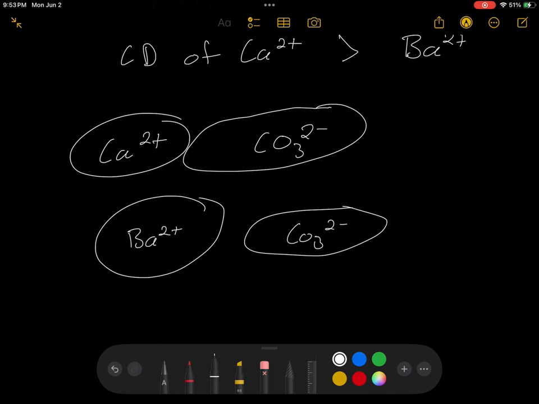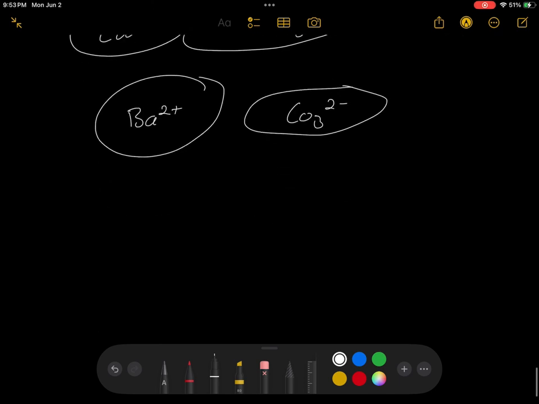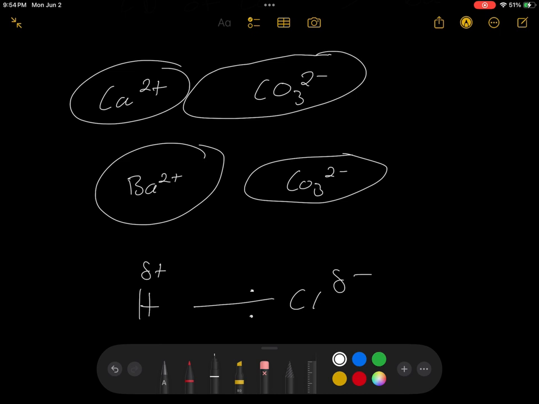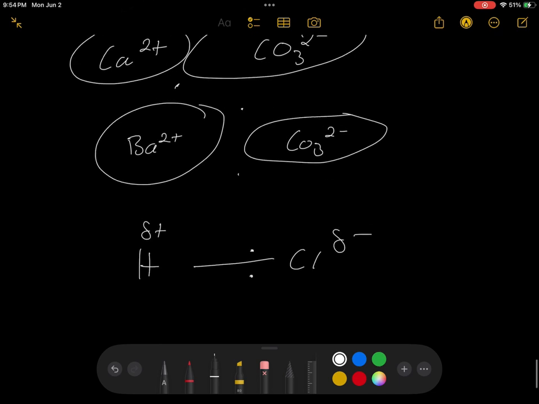The way I'm thinking of it is greater distortion means it's almost like a dipole, right? Think of HCl. This has a dipole within it because the electrons sit closer to chlorine. It's essentially the same thing, where relatively electrons sit closer to calcium than they do to barium because of ion polarization.